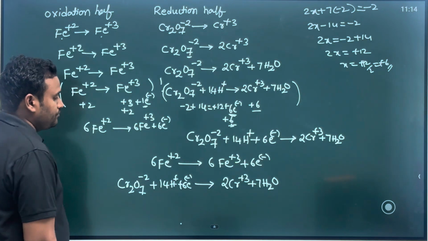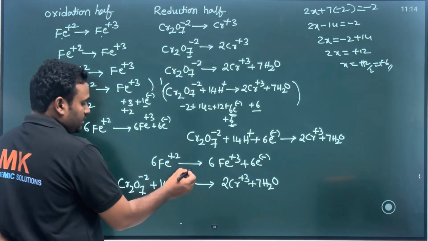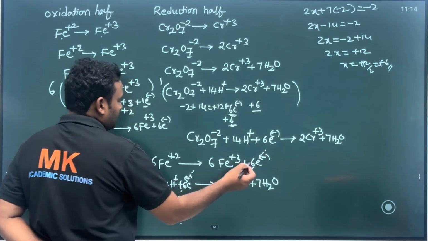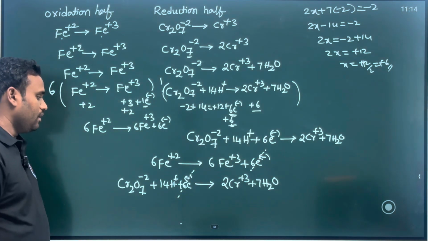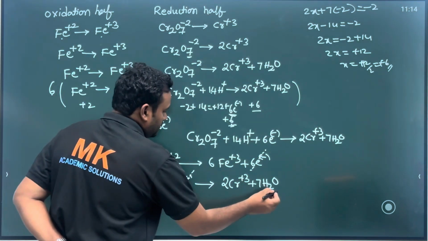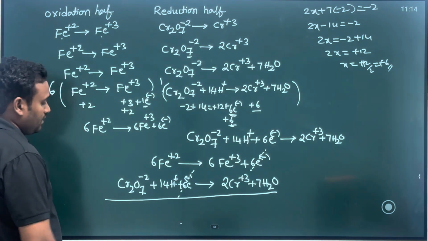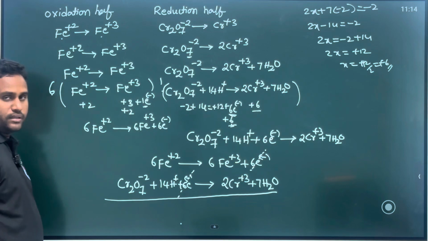Now, the left side has 6 electrons and the right side also has 6 electrons, so they cancel out. Is there anything else to cancel out? No, nothing.